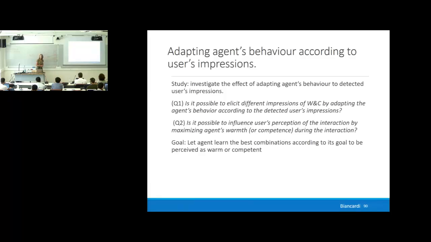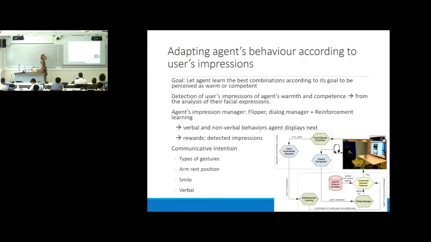The way we've done it is by building a system where we have users, a Kinect, and microphones, so we can detect in real time their multimodal expressions. We have some body posture, and speech recognition.